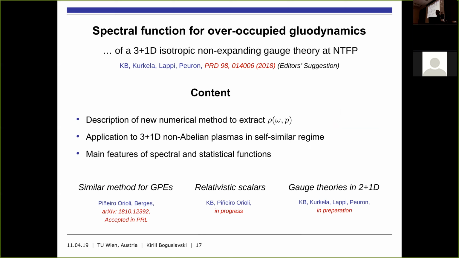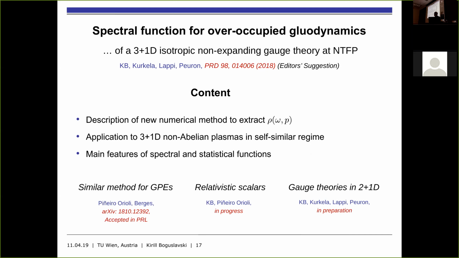Now, I would like to flash a little bit about gauge theories and then come to scalar theories. There is a new numerical method to extract spectral functions in such classical systems, and one of the first applications was to 3+1-dimensional gauge plasmas in the self-similar regime that I already talked about a little at the beginning.